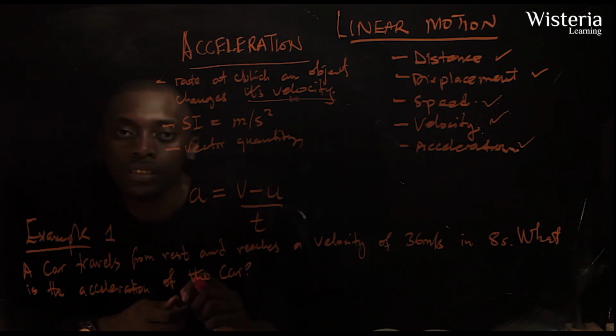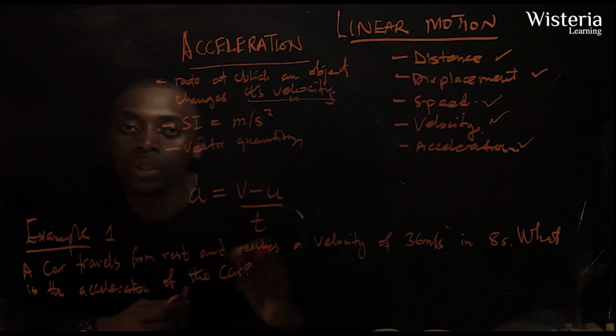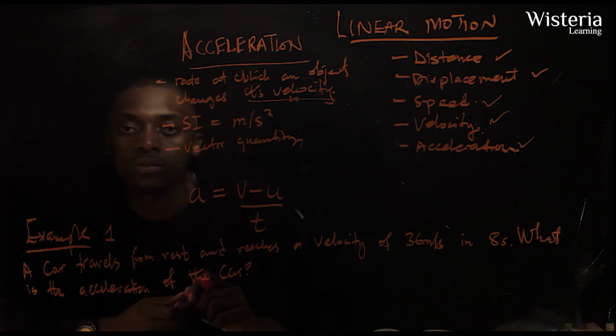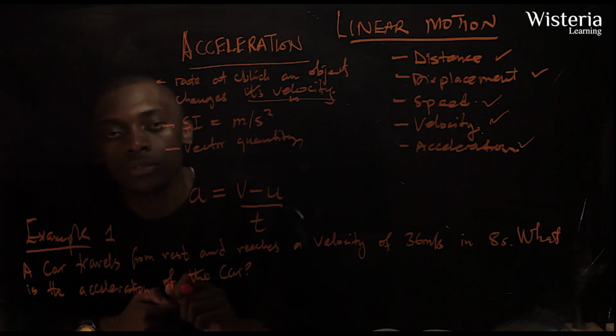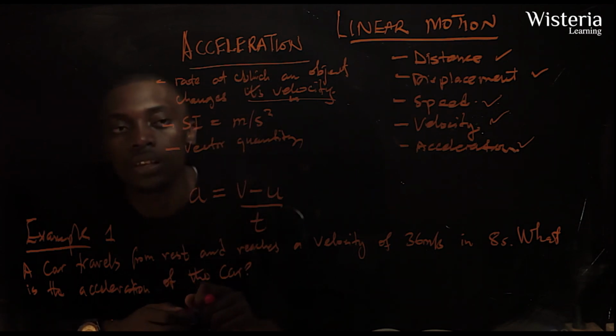So if you look at the notes given below, you will see what we mean by constant velocity, and what we mean by constant acceleration. You just have to read and relate. So in here we are just saying acceleration is the rate at which an object changes its velocity.